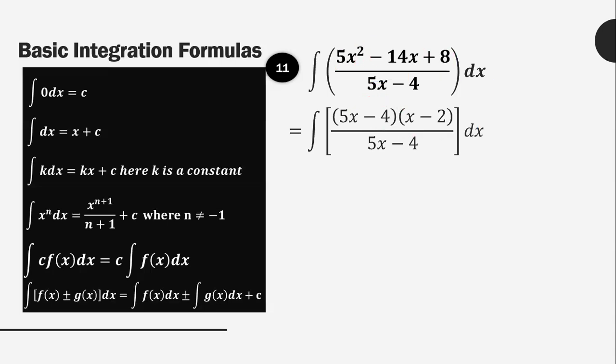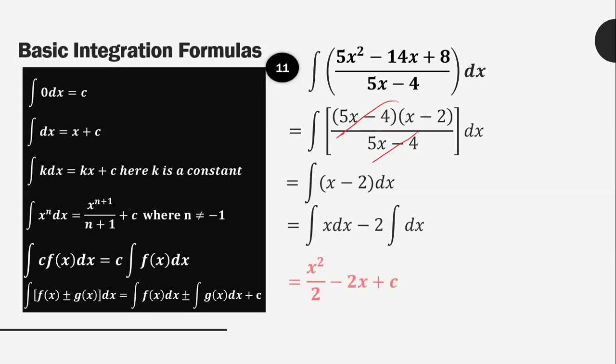So we have negative 10x and negative 4x. That's a negative 14x, so that's correct. So we can now cancel both 5x minus 4. We'll have the integral of x minus 2 dx, and we'll get the integral of x dx minus 2 integral of dx. And then we have x squared over 2 minus 2x plus c. So this is just very simple.